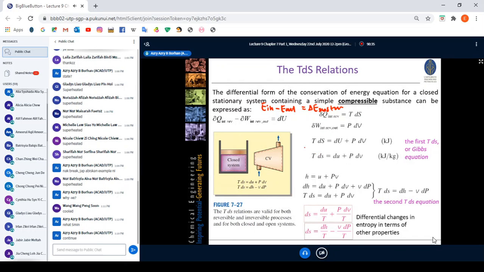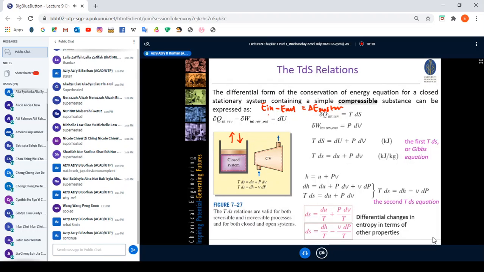Now, in the case of a closed system, the right side of the equation is simply left with delta U because kinetic and potential energy have been neglected. But you still have Q and W, because there are no insulation materials. That means this is non-adiabatic, so definitely you are going to have Q and also W due to the movement of the piston, whether moving up or down. So it is movable boundary work.